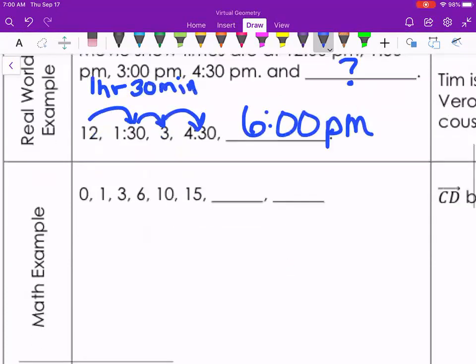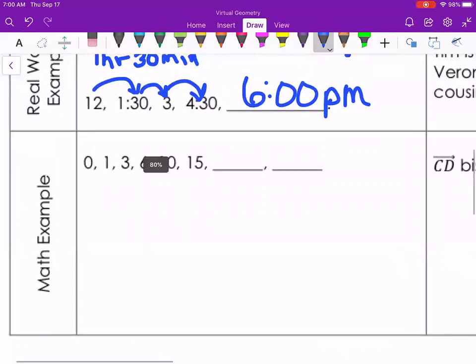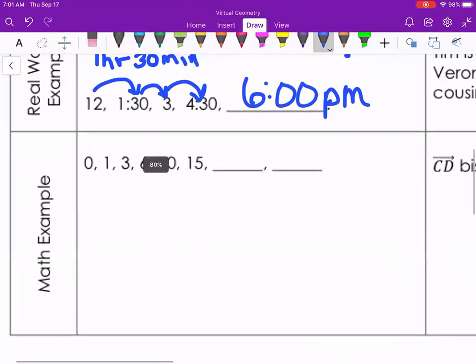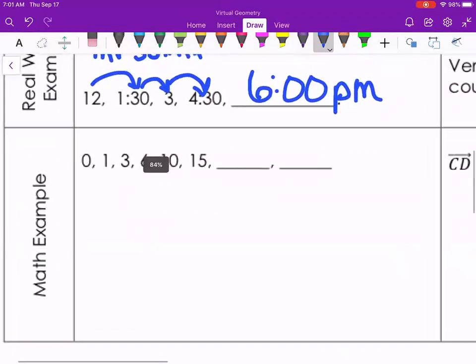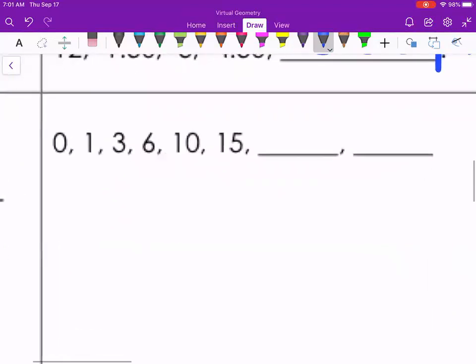So we discovered the pattern and we apply it to figure out what's coming up next. Let's try one for a math example here. Now, not every pattern is going to be adding or subtracting or multiplying the same thing each time. Sometimes we have to go a little deeper with our patterns. Let's see what's going on with this one.